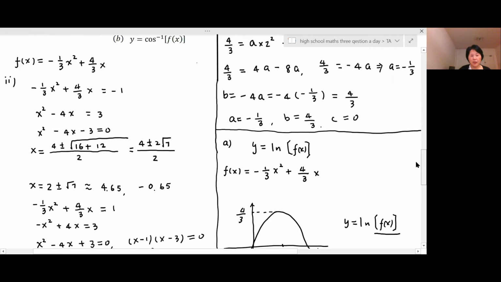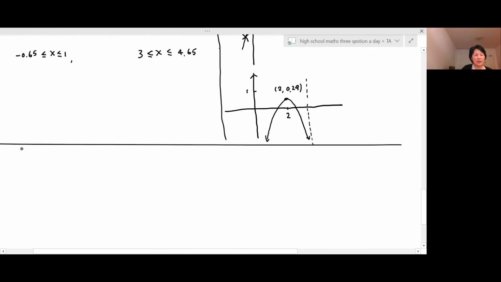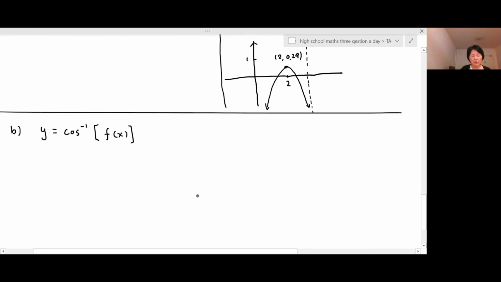Okay, now I draw the next one. The second one, B, wants us to draw y equals cosine inverse of f(x). So I just draw the system one more time.